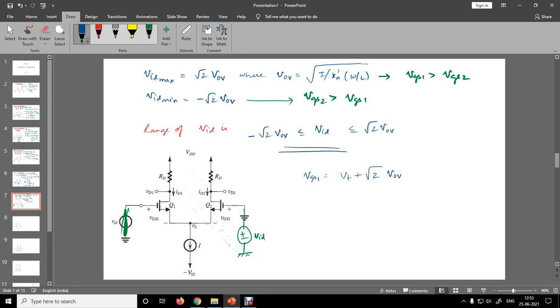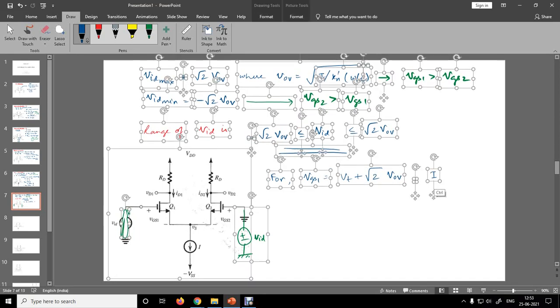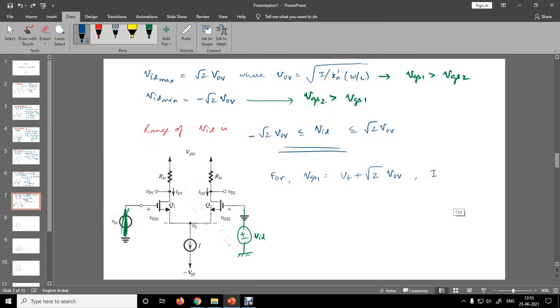When VGS1 is this much, ID1 will actually be I, which means Q1 is on and Q2 is off. This is the point I wanted to make.